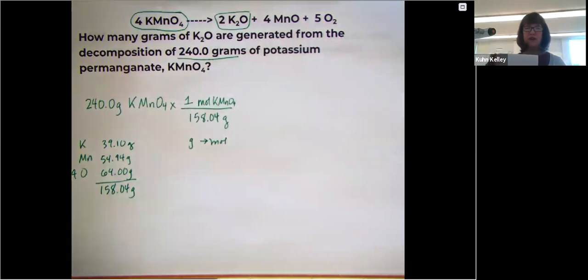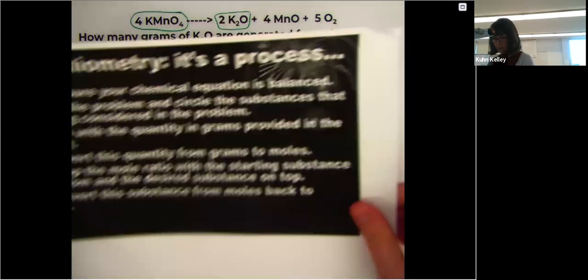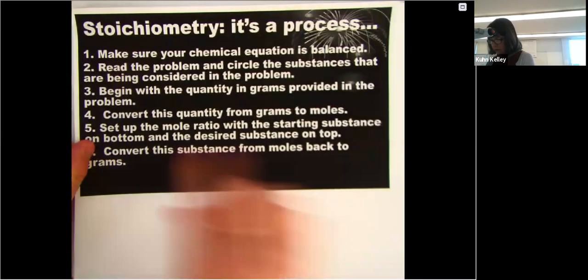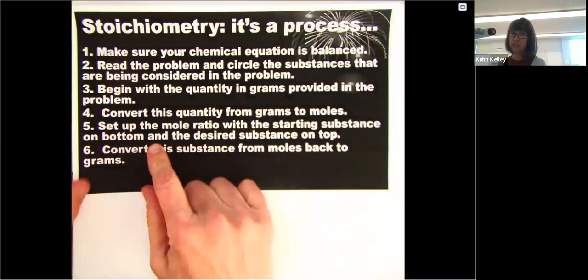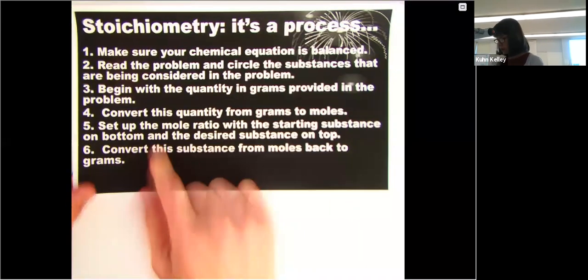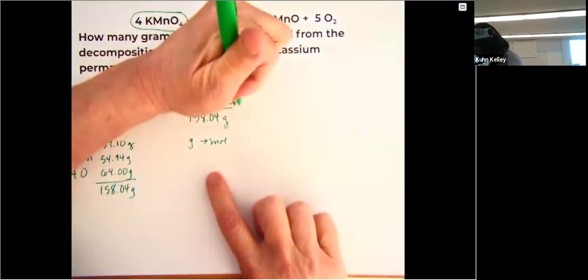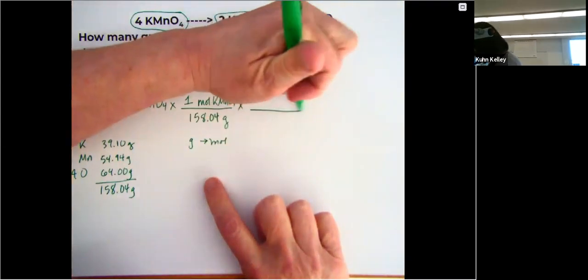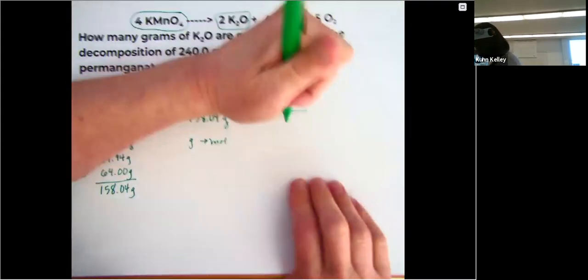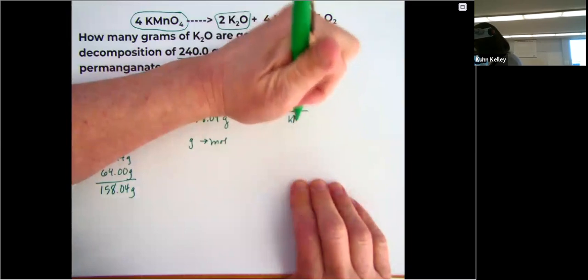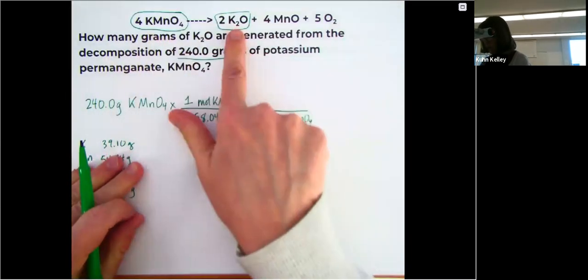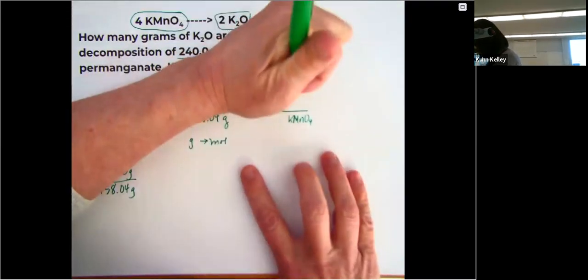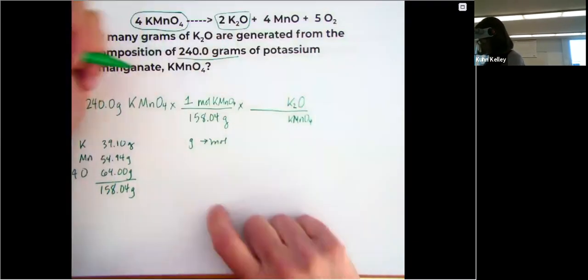After we have done that, we're not going to stop. We're going to continue on. Our next step is to set up the mole ratio with the starting substance on bottom and the desired substance on top. My starting substance is the one that was attached to the grams, so KMnO4. And what's going to go on top is the other one that I circled, which in this case is potassium oxide.